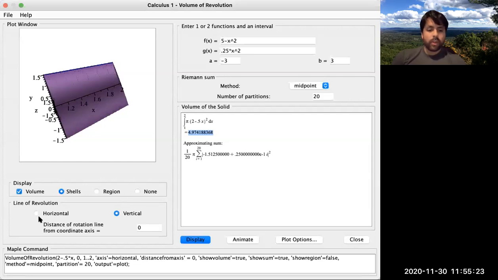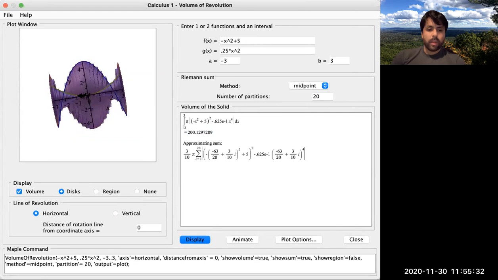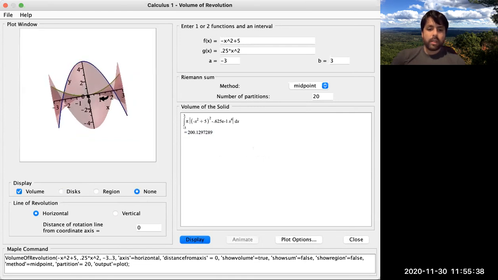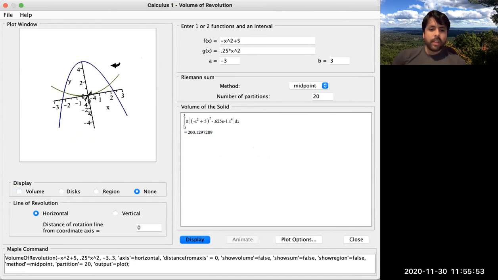Oh, sorry, it's just horizontal. So let me take out the discs. Do you guys see this? Let me take out the volume for now, and let me just make you see. You see how this is what we drew, right?